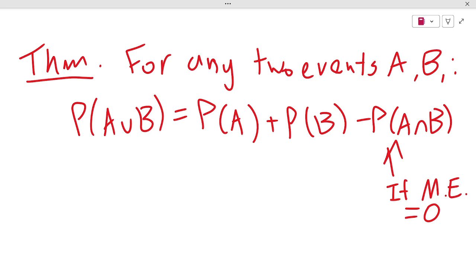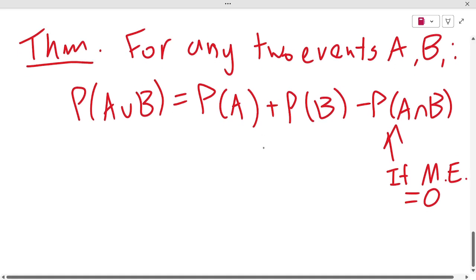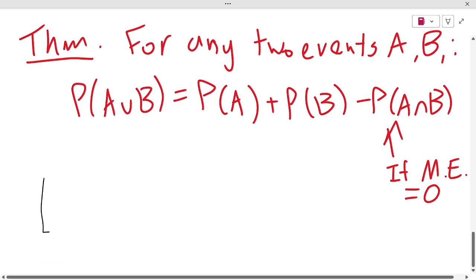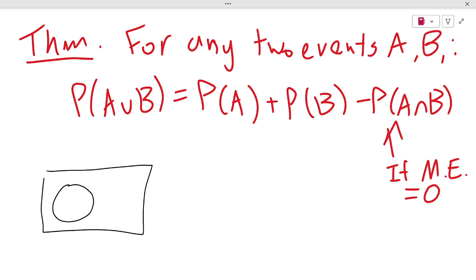We're not going to do a proof for this. Don't have the time, but let's look at some Venn diagrams so we can make intuitive sense of this, right? So when it's saying the probability of A in our Venn diagram, this whole thing is A, right?